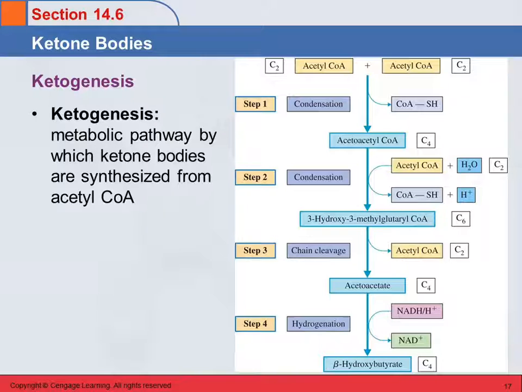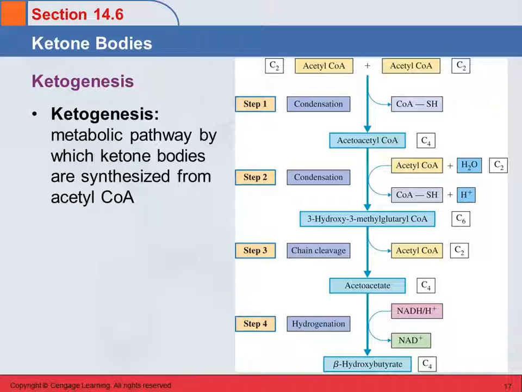Ketogenesis is the process by which ketone bodies are synthesized. So keto should make us think of ketone bodies, genesis, making. Ketogenesis, making of ketone bodies. Again, this is a multi-step process. Here we've got 2 acetyl-CoA molecules, and they're going to undergo condensation. Here's another acetyl-CoA coming in, and another condensation. Remember, a condensation reaction is where you have 2 molecules combining.